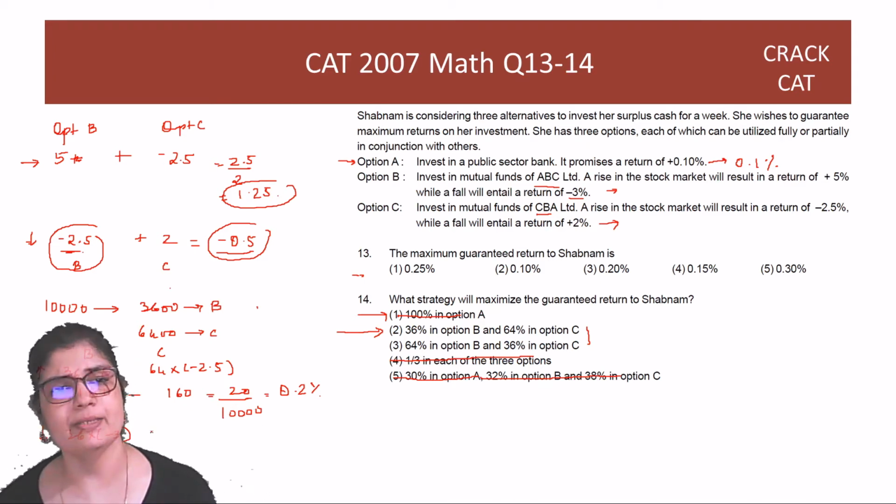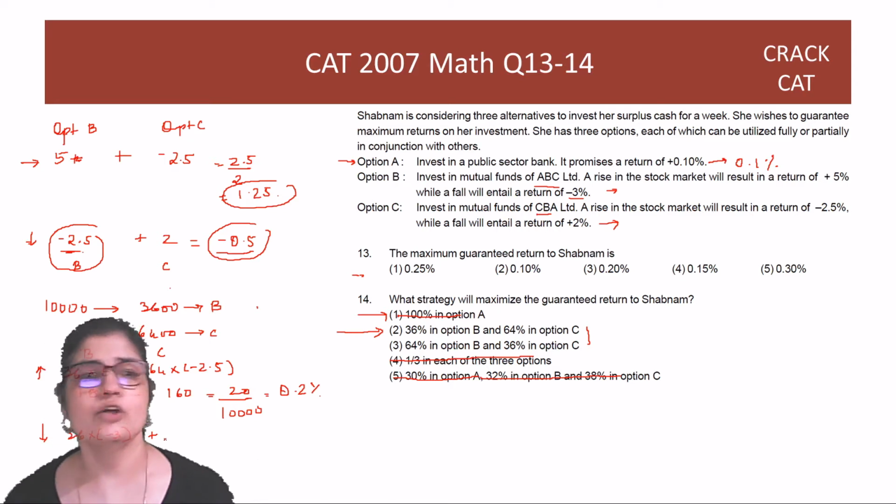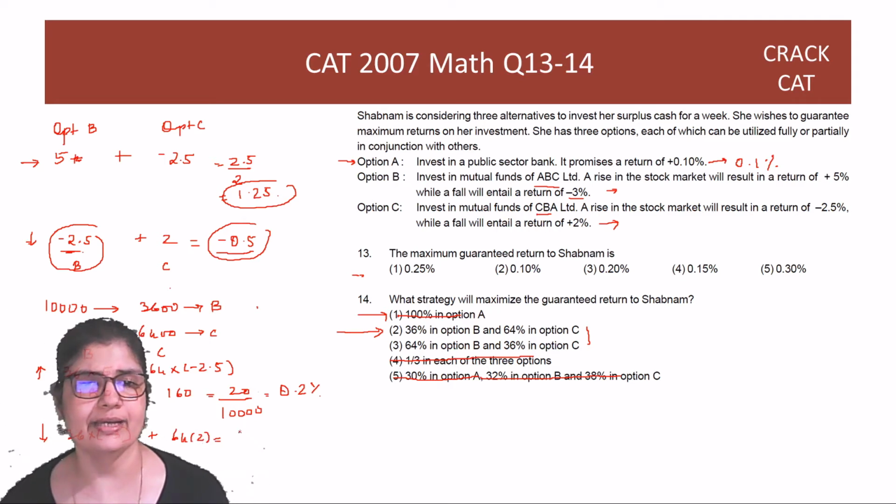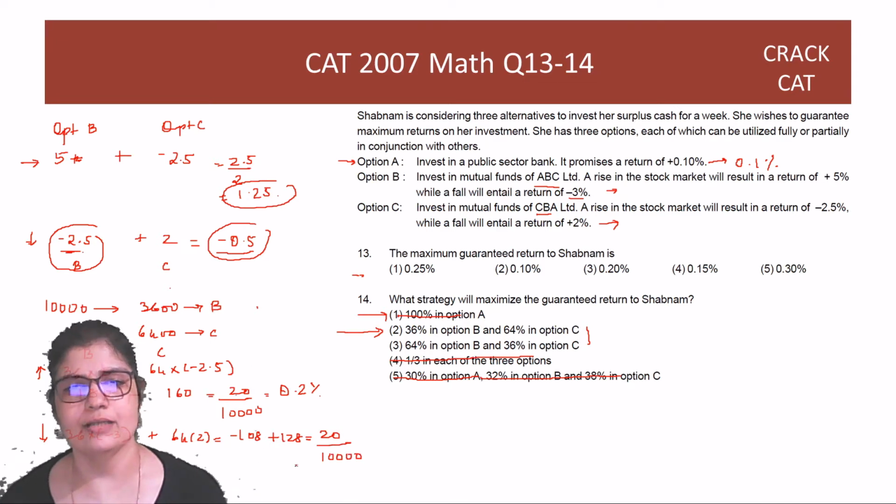And option C pays a positive return of 2%. So 64 into 2. So you are seeing, right? It's minus 108 plus 128. So again, you are making 20 rupees. So the answer, guys, is going to be the second option for 14 and 0.2% return, which is the third option.